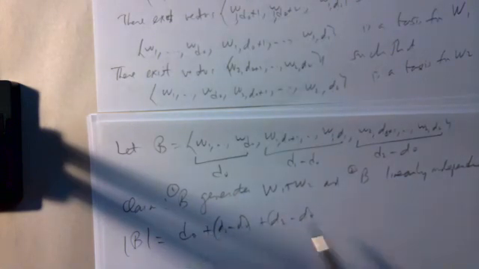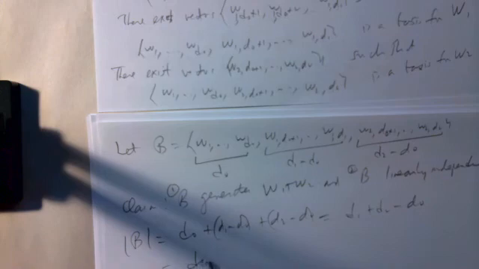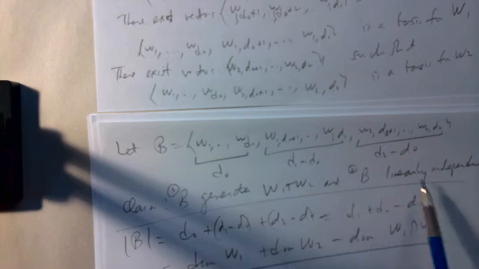One of the pairs of d0's cancels. I get d1 plus d2 minus d0, which is the dimension of W1 plus the dimension of W2 minus the dimension of W1 intersect W2. So if I can prove these two claims, I've proved the theorem.